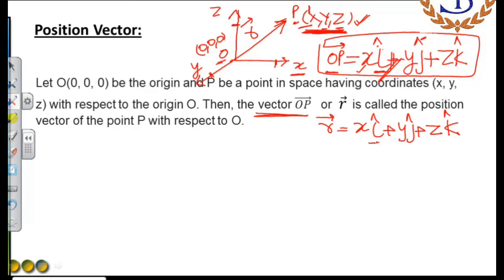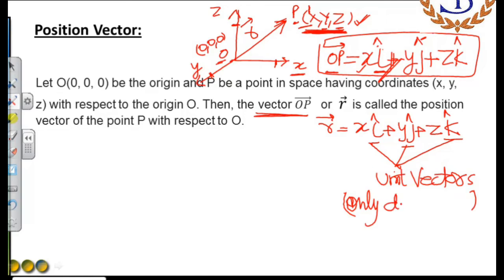Here i cap, j cap and k cap, these are the unit vectors. Unit vectors. What do unit vectors represent? Unit vector represents only the direction. Only the direction.